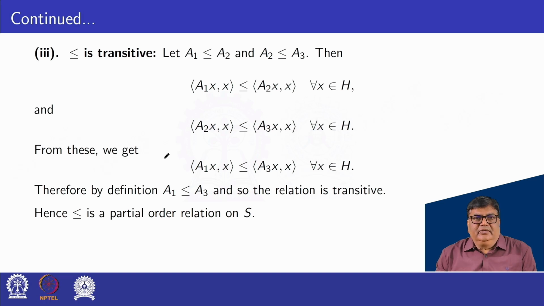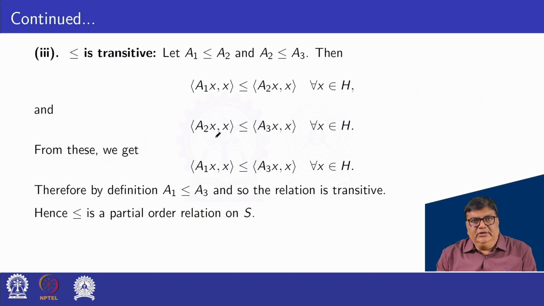From these we get the inner product of A1x and x less or equal to the inner product of A3x and x, because the inner product of A1x and x is less or equal to that of A2x and x, and that is less or equal to the inner product of A3x and x.